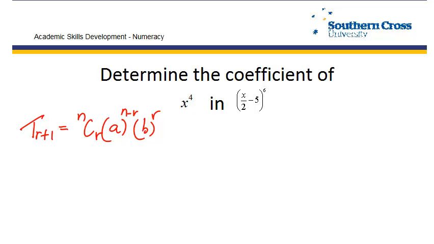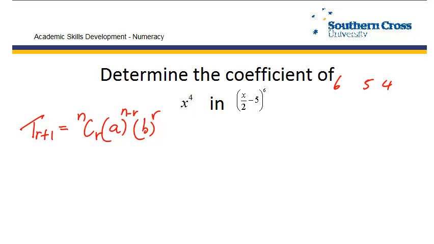So hence the term that we're after here is always one more than the value of r in these. So we're after a power of x to the 4, which comes from the first term. So we'll be after the third term, because it will start off as an x to the 6 and then a 5 and then a 4.